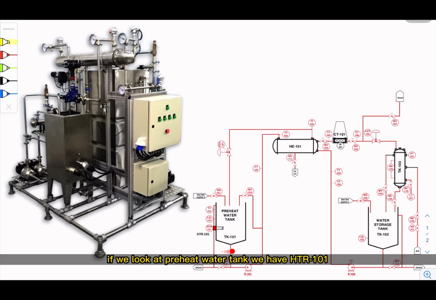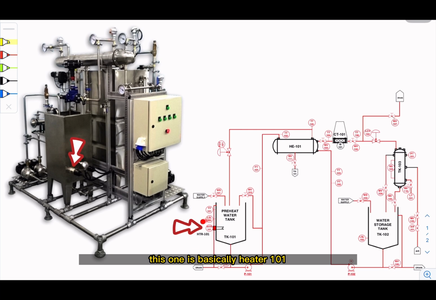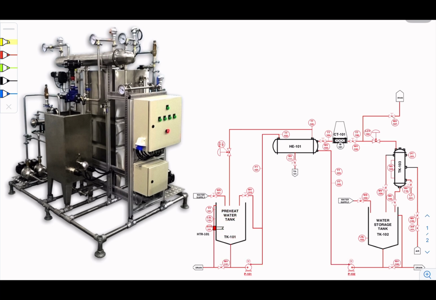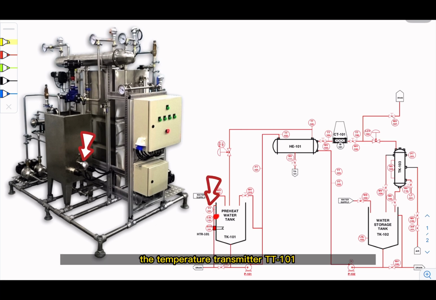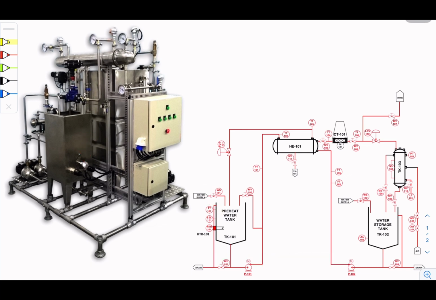In the preheat water tank, we have HTR101, which is basically heater 101. The function of the heater is to increase the water temperature in TK101. And the temperature of this particular liquid in TK101 is observed and monitored by the temperature transmitter TT101.